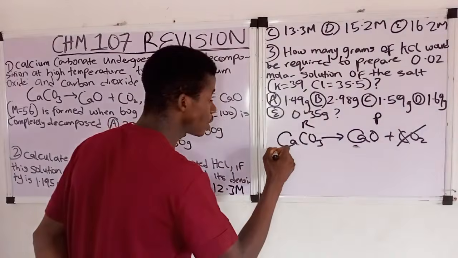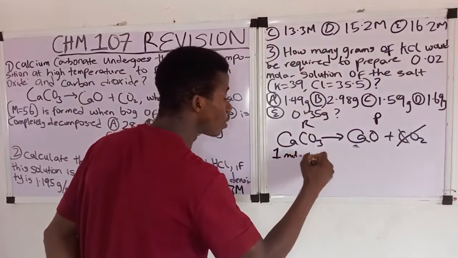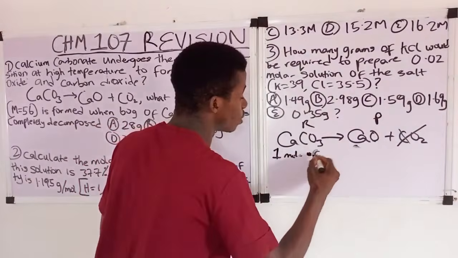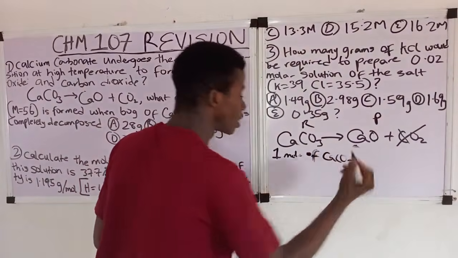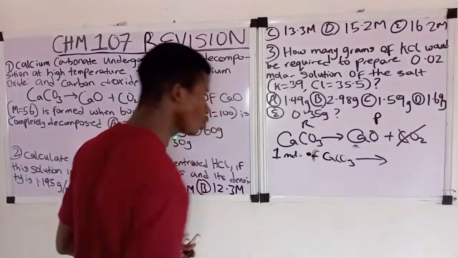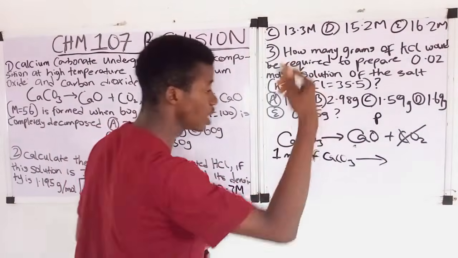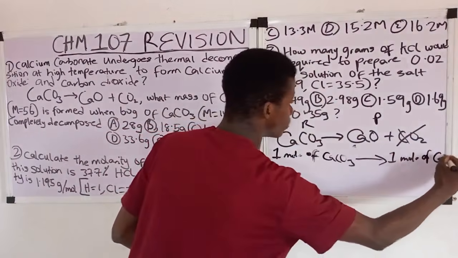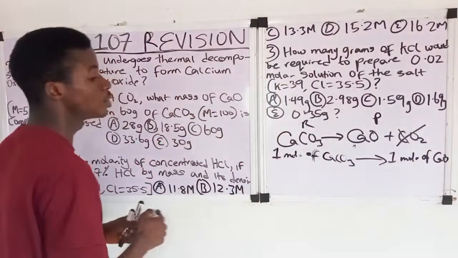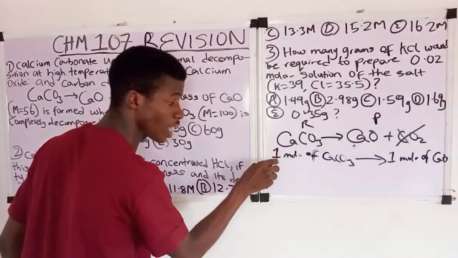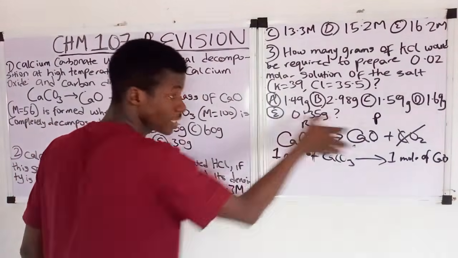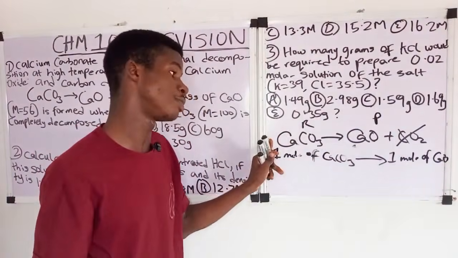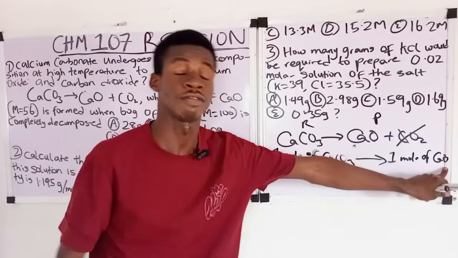So you say 1 mole of calcium carbonate produces how many moles of calcium oxide? We still produce 1 mole of calcium oxide, right? From the balanced equation, we know that 1 mole of calcium carbonate produces 1 mole of calcium oxide.